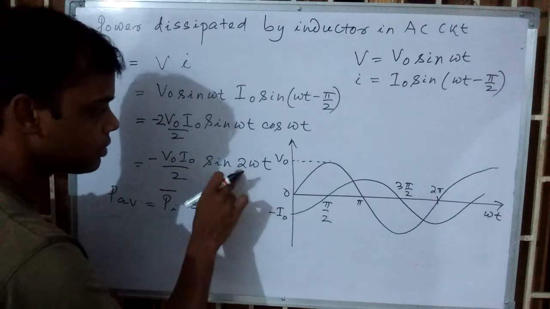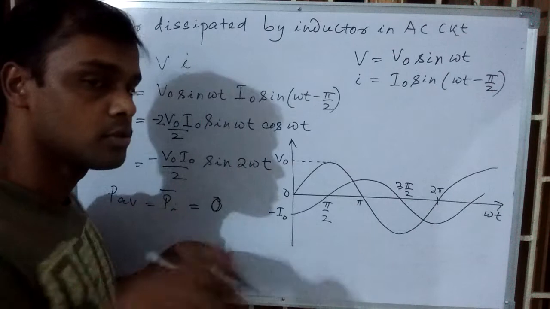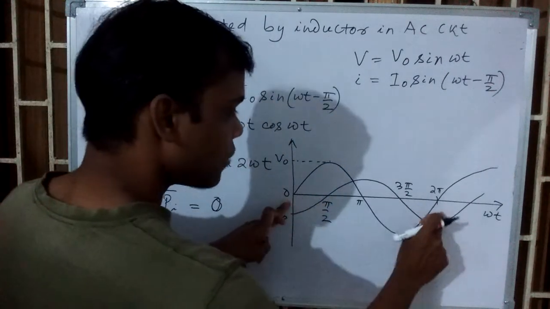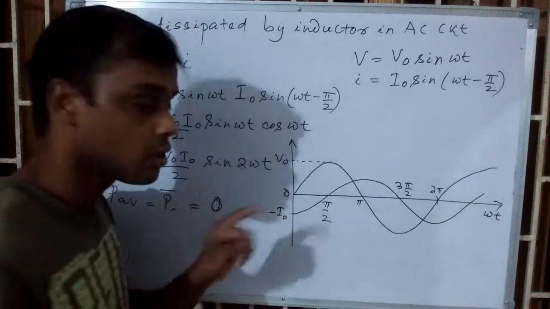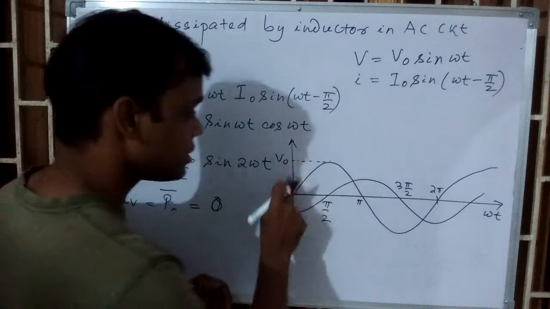But here the frequency is double, 2 times. That means omega becomes 2 omega. That means within one wave of voltage or current, there will be 2 waves of power. Try to understand. This is omega.